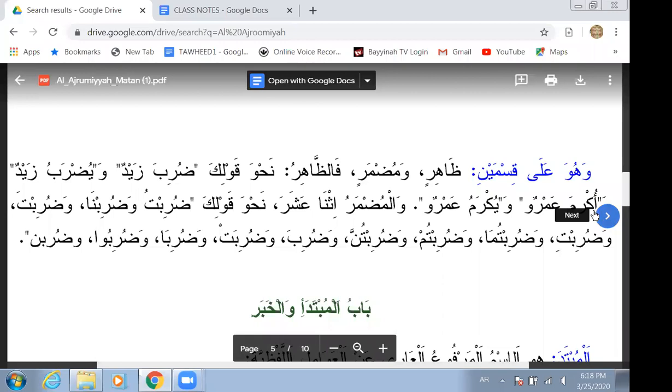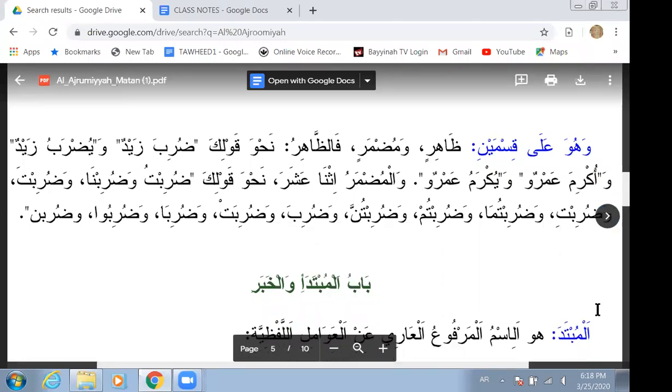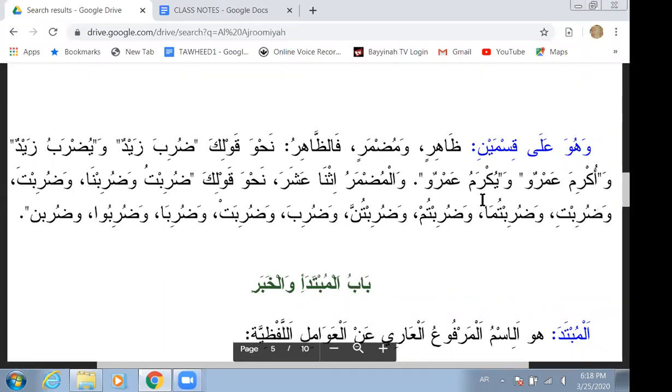Then the next example we have another fi'l, and that is Ukrima Amrun. Amrun is in the rafa status. Now we look at the fi'l, it's the past tense. First letter is taking a dhamma and the second last letter, the ra, is taking a kasra. So this is a past passive fi'l. Next, Amrun becomes the naibul fa'il for it because it is in the rafa status. Next is the example with the present tense. Yukramu Amrun.